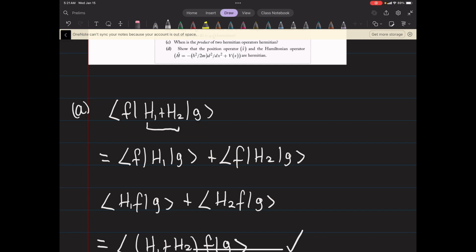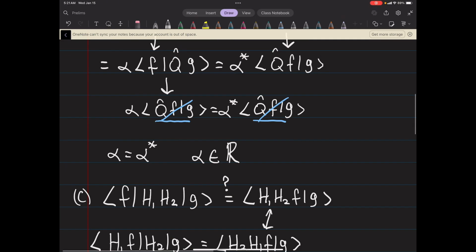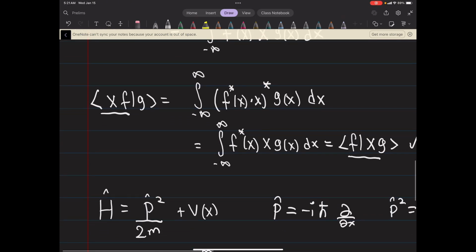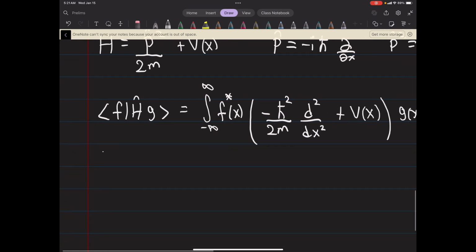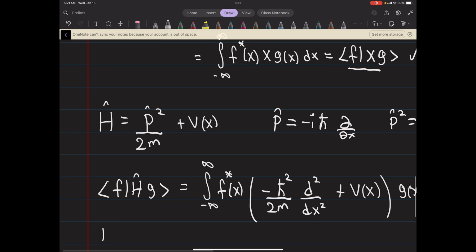Well, that's important because H hat is comprised of two separate operators, and if we show that each one is Hermitian, then the sum is also Hermitian.